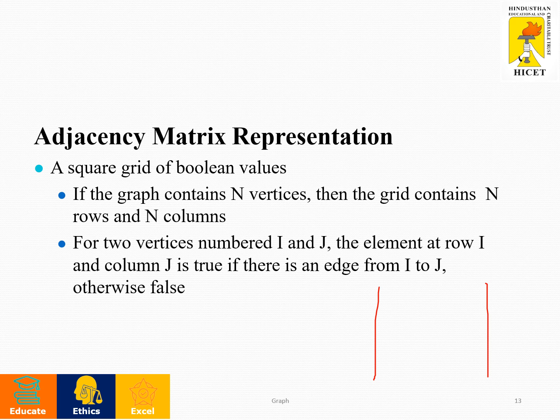You write down the vertices here. What are all the available vertices? Vertex 1, vertex 2, and it goes on. And if there exists a path between the row vertex and column vertex, you can make it 1. If there is no path available, then make it 0.